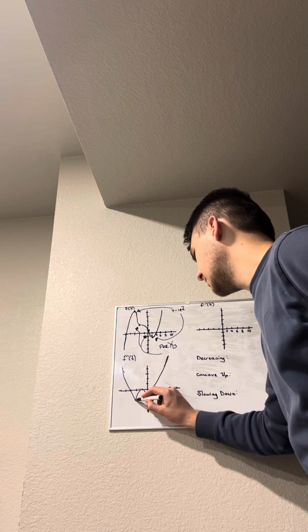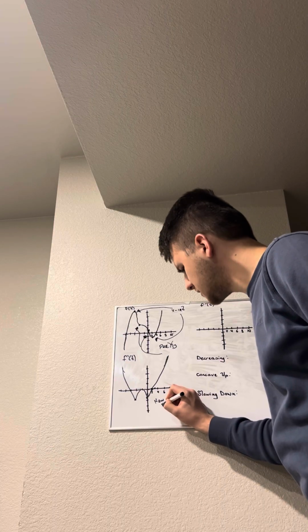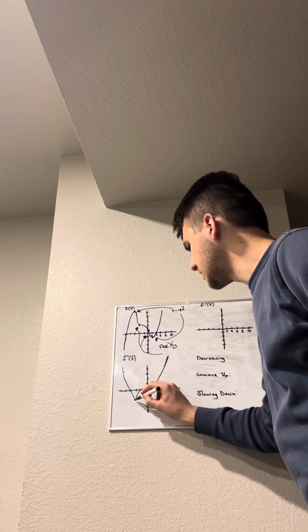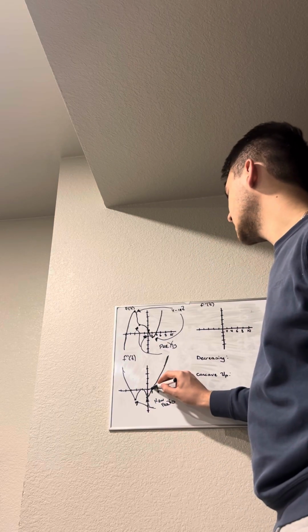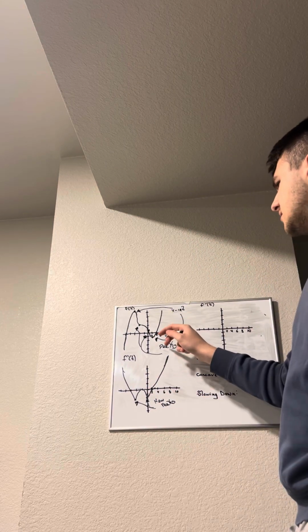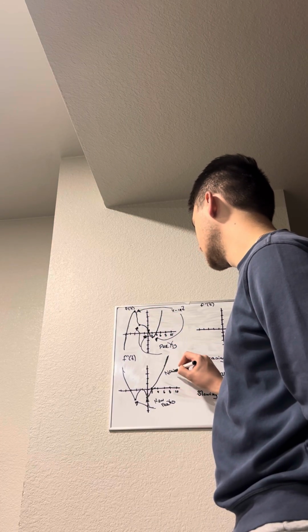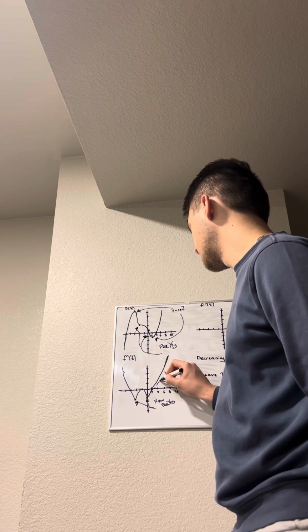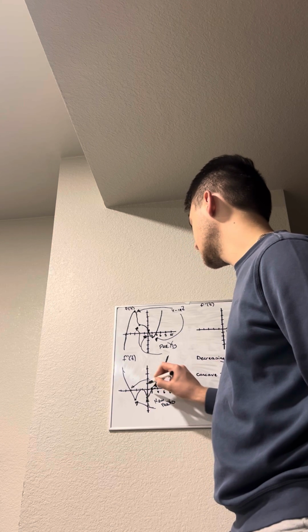Right here we have the new peaks for the first derivative of f of t. And then we have the new x-intercepts right here, which can be characterized by the initial peaks in f of t. We can label the new x-intercepts, add these 2 points as well, just like that. And that's the graph of the first derivative of f of t.